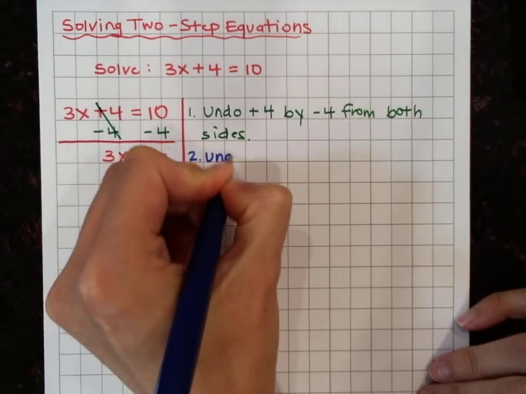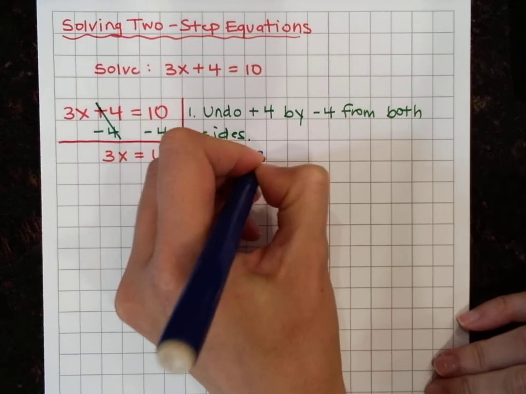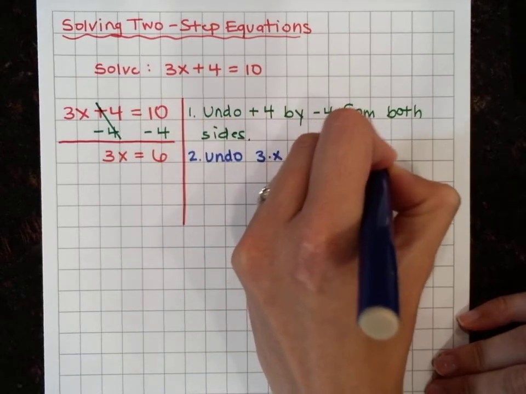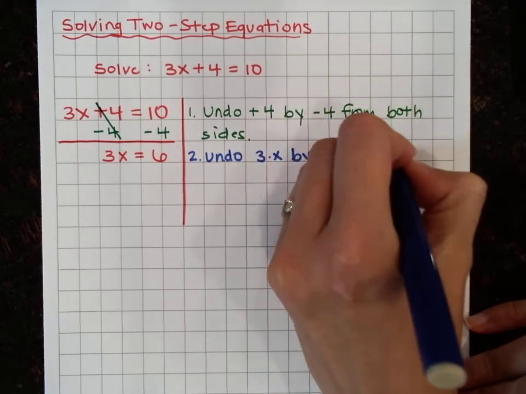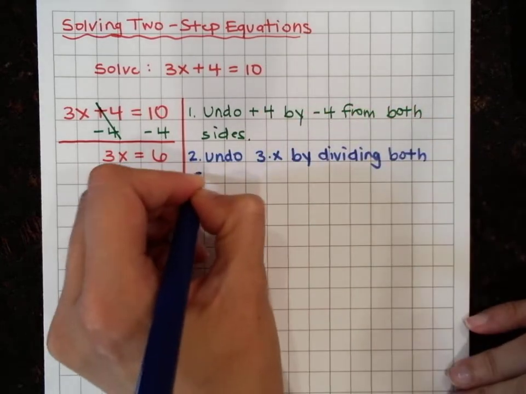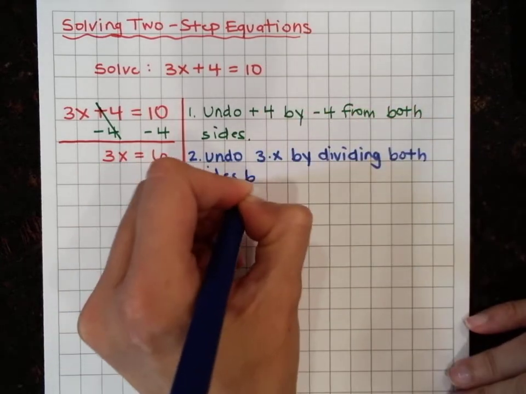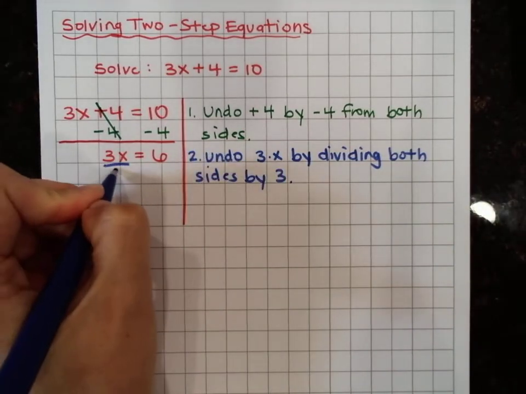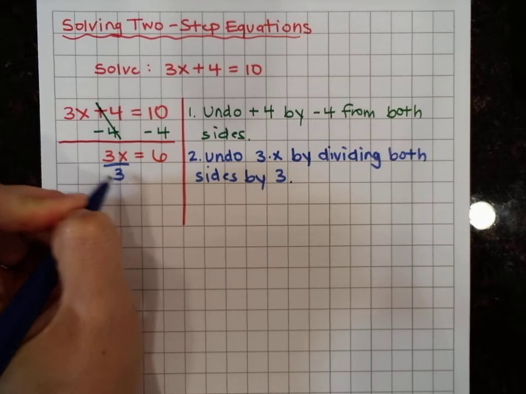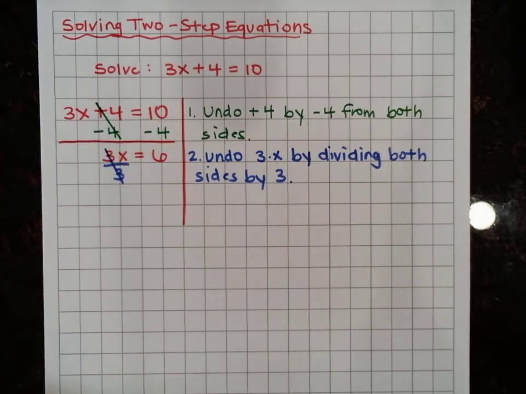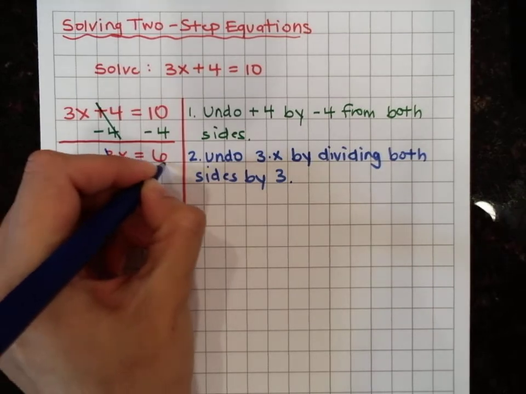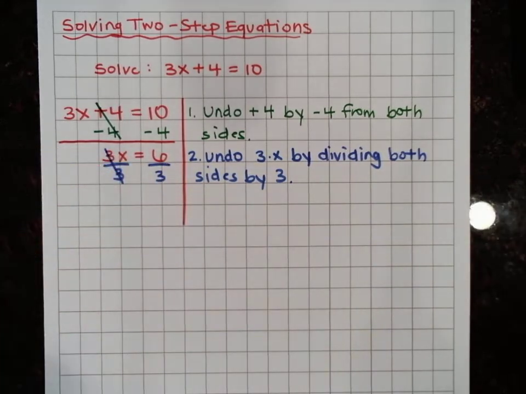So we are going to undo 3 times x by dividing both sides by 3. So we want to divide the left side by 3 because when we do that, we're left with x. But since we are dividing the left side by 3, we also have to divide the right side by 3.